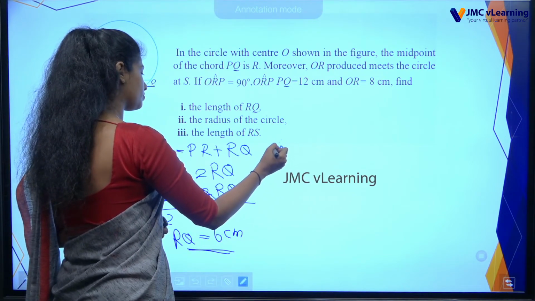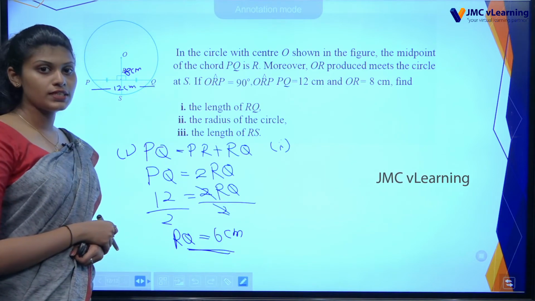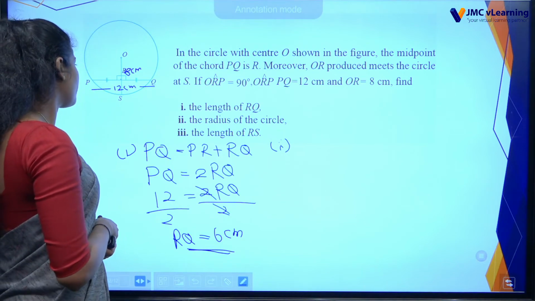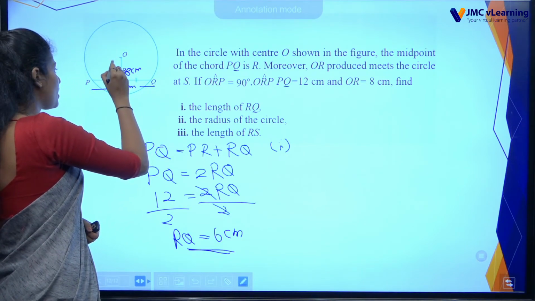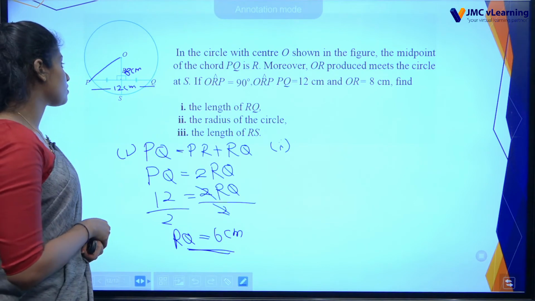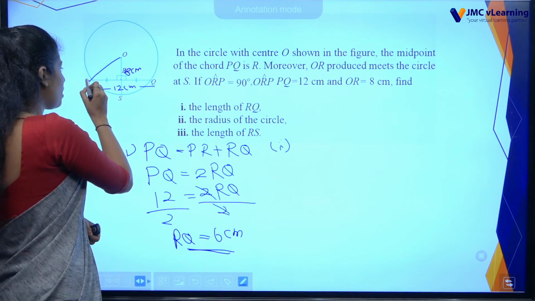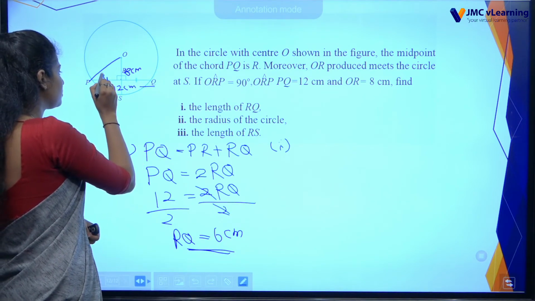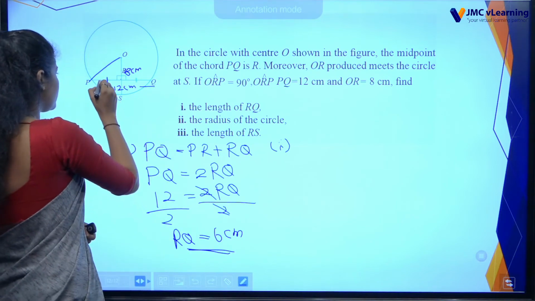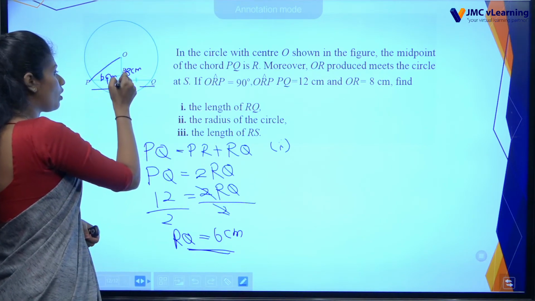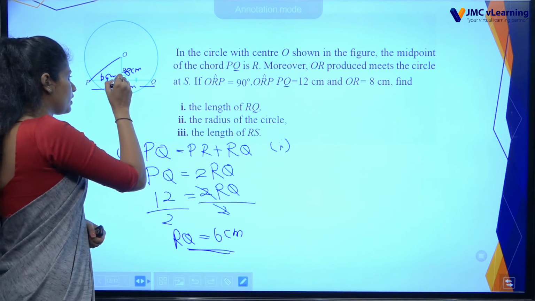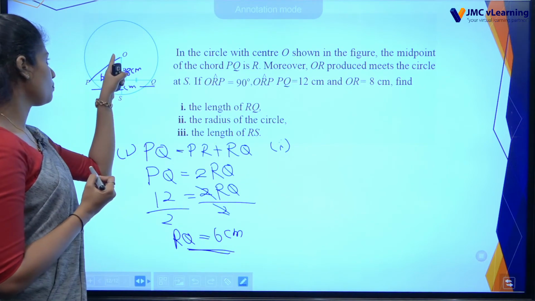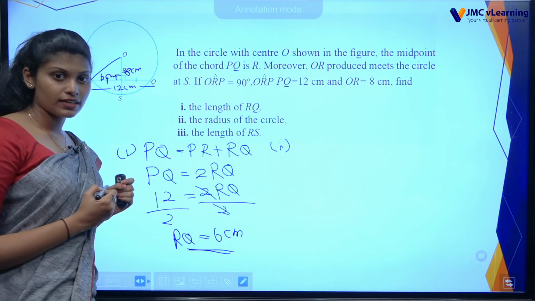Then the second one, the radius of the circle. Here OS is one of the radii, and OP is also a radius. Now look at this triangle. We have found this is 6 centimeter. This OR is 8 centimeter. The data has given this angle is 90 degree. So ORP is a right angle triangle.